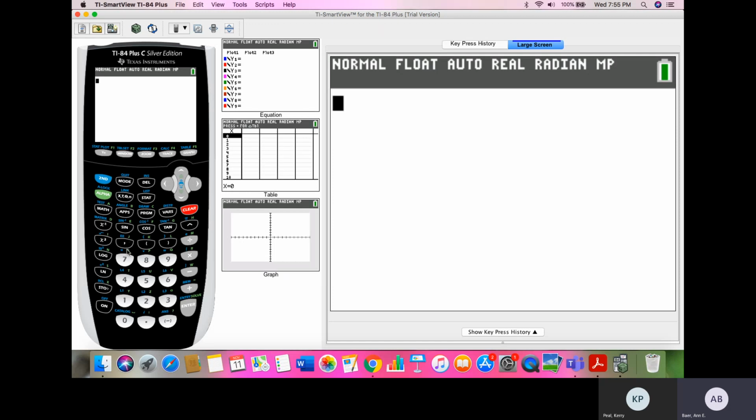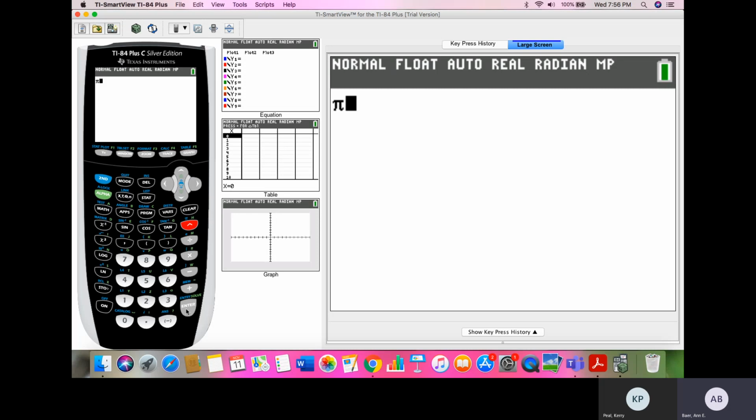I want to look for pi on the calculator. Pi is right here above the mountain peak, and that's in blue. So I want to use my second key first and then click on the mountain peak. And that puts a pi there.